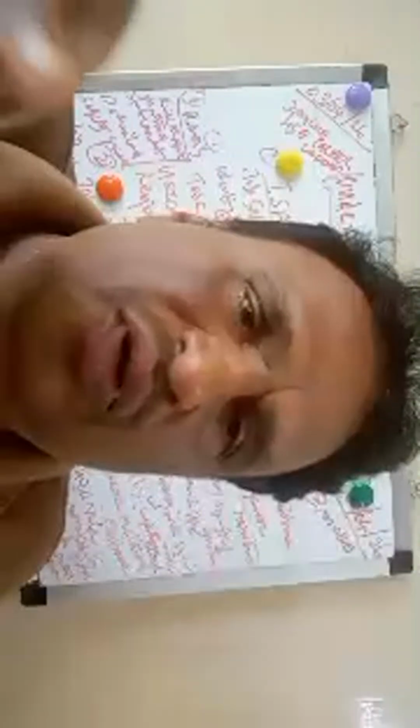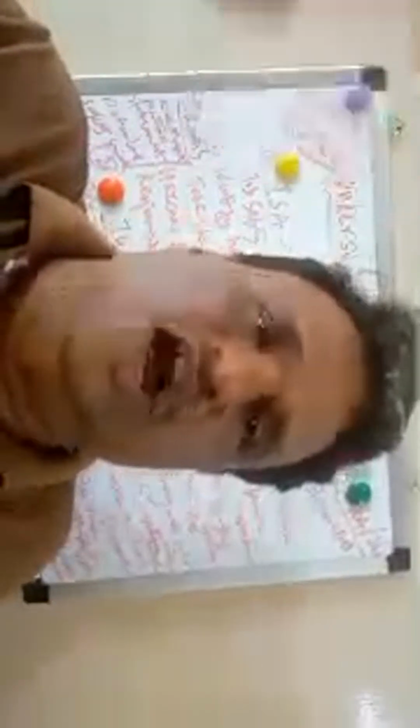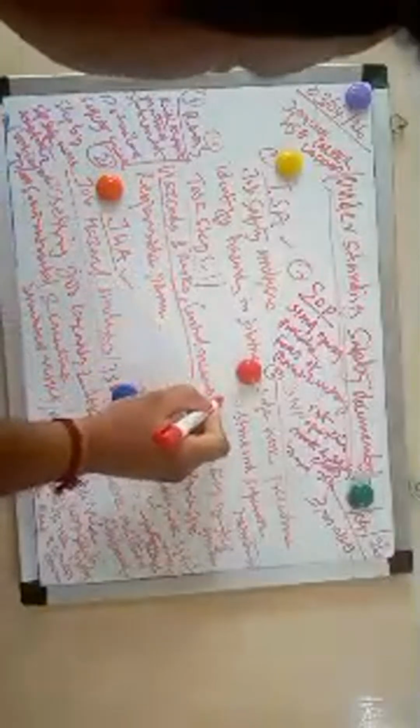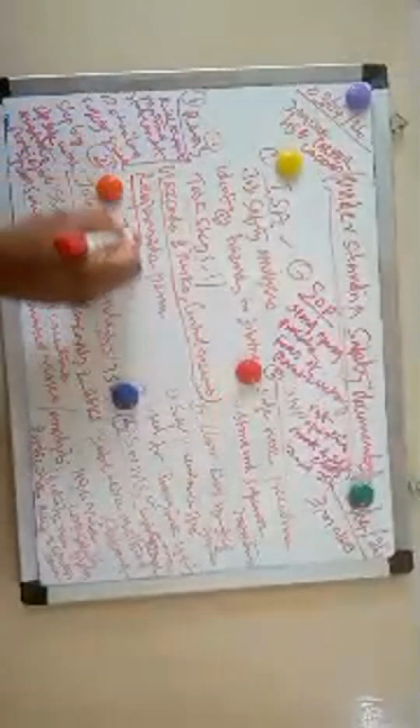The same thing applies for each and every job process. For example, painting. In a painting job, you have to divide it into steps. In each step, you have to find out the hazards. So that is the JSA. So hazards, risk control measures, and a responsible person.